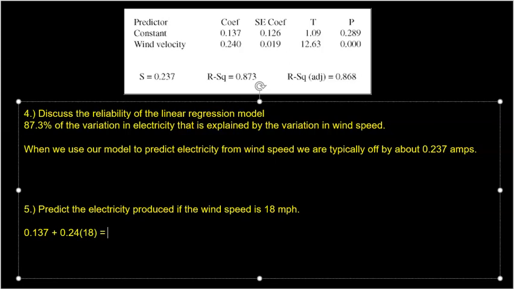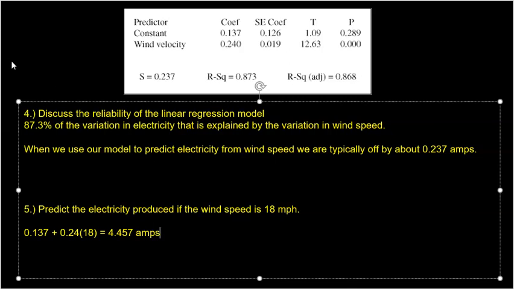I'm just going to go to my calculator and type this in, 0.137, and again, this is showing my work, plus 0.24 times 18, and I get 4.457 amps. So it is predicted that you will have 4.457 amps for 18 miles per hour. Now that is the predicted value, right? Pretty simple. That's usually really easy and nobody really messes that up.